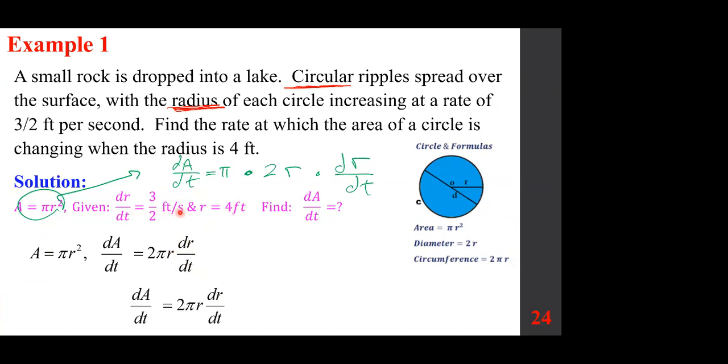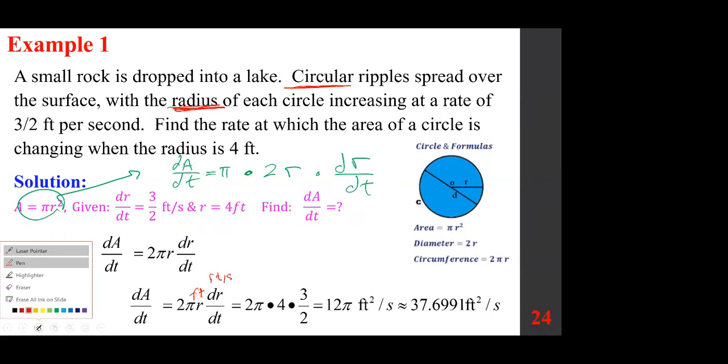So if you put feet here, and for this one you put feet per second, you get square feet per second, okay? And so 2 cancels out the 2, you have pi and 4 and 3, which is 12 pi.